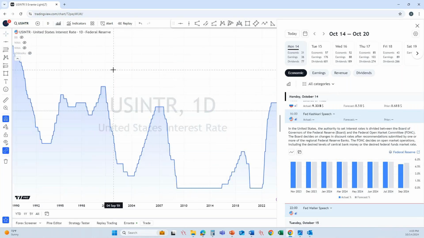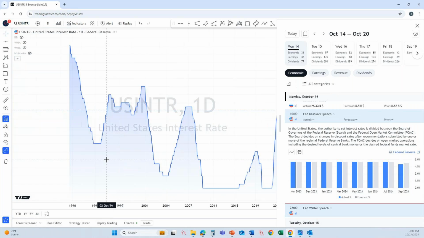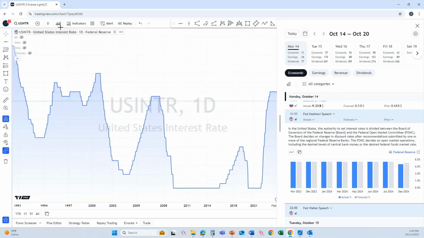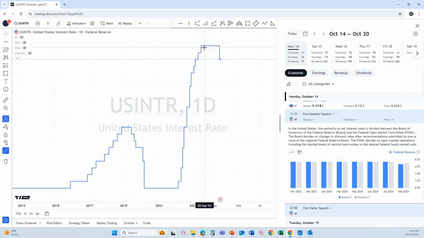But here you can just easily use something like an area chart to get a better visualization of the changes. For example, here we have the United States interest rate on a daily basis. In that case you are with this area chart, or you can change to a step line chart, and you can get a better view. For example, you can see here that from July 2023 till August 2024 the rates were unchanged.